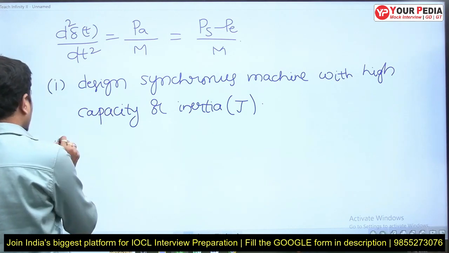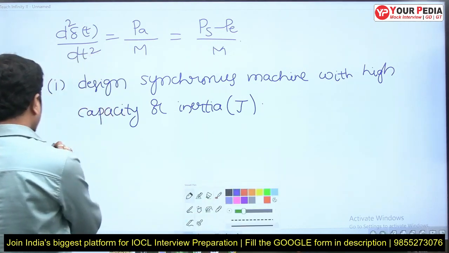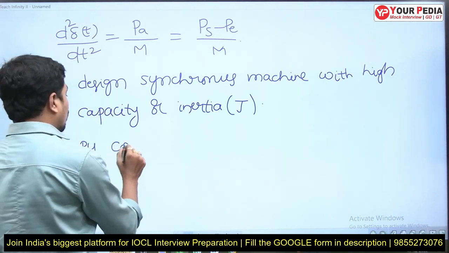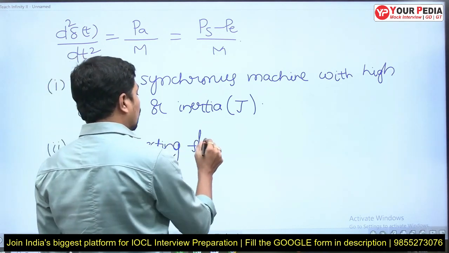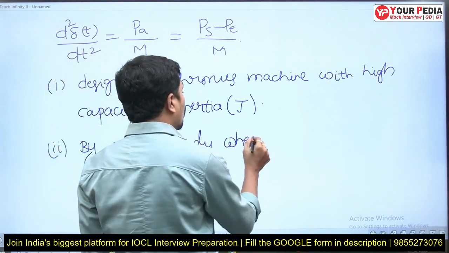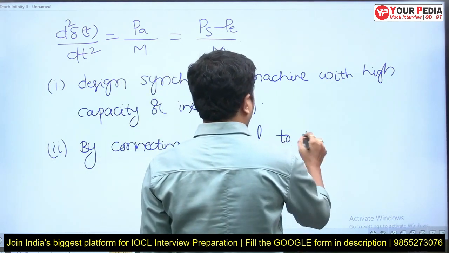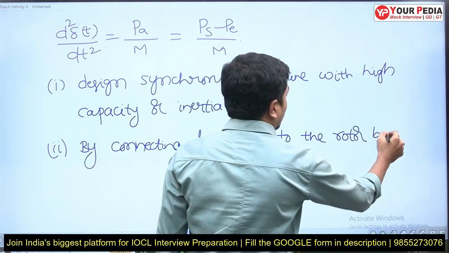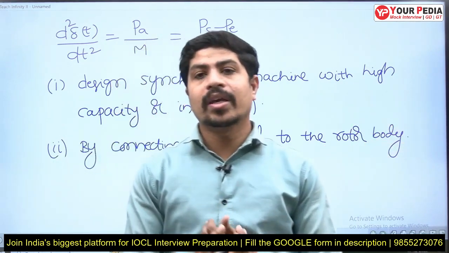The second thing is connecting a flywheel to the rotor body. A flywheel is a huge mass. Connect a huge body to the rotor body.